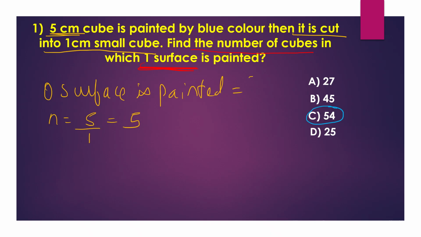The formula for this is n minus 2 cube. So 5 minus 2 will be 3. So 3 cube will be 27. That is the answer. I hope you got the concept. If you know the formula, it is very easy to solve. If you don't know the formula, then it's difficult.